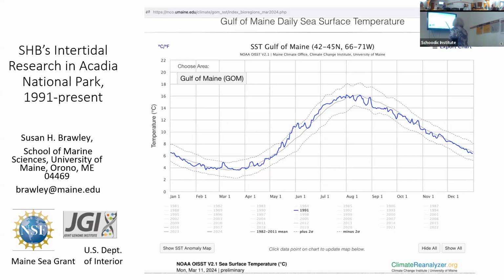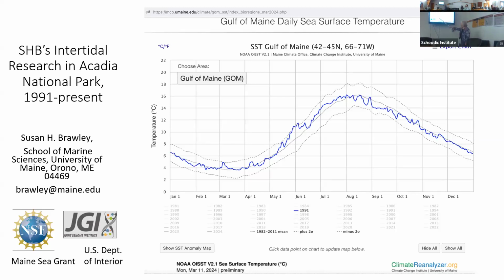Okay, so I captured last week the mean and the standard deviation of the mean, which is the dashed lines, for the 1982 to 2011 sea surface temperature in the Gulf of Maine. And of course, that's just the skin, right? Because the remote sensing doesn't go deep. So this is sea surface temperature for sure. And I picked the year 1991.